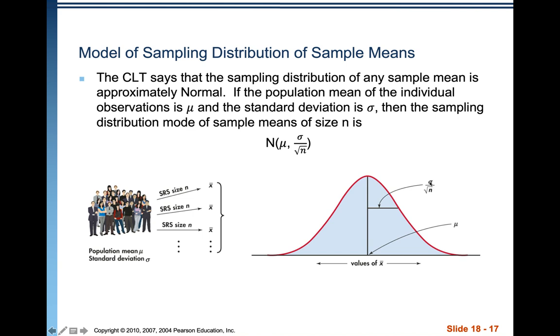So since our sample size was 100, we divide by the square root of 100, or 10. Now the cool thing is the mu, the mean of the means, the x bars, is the same thing as the population mean.